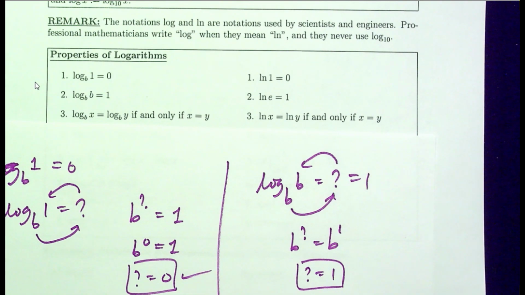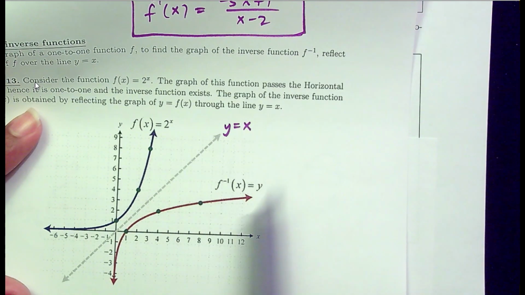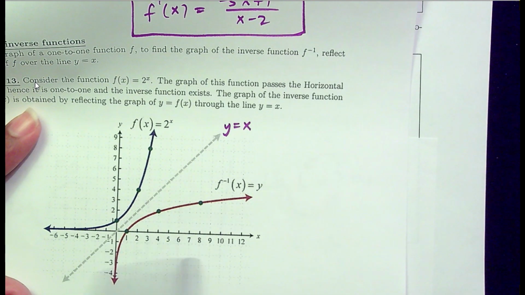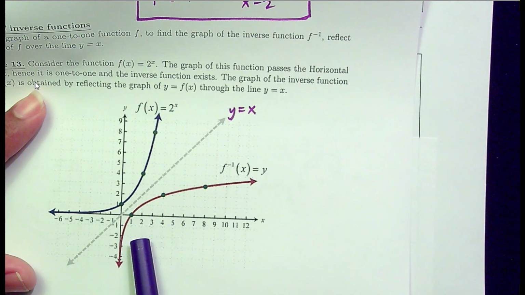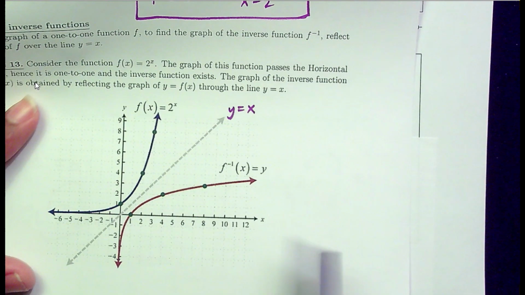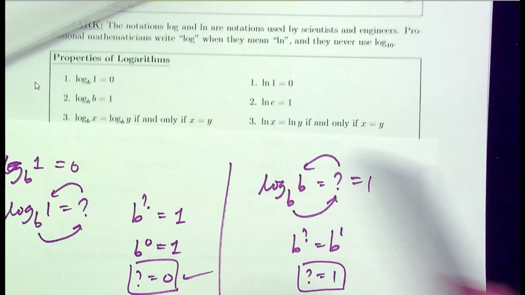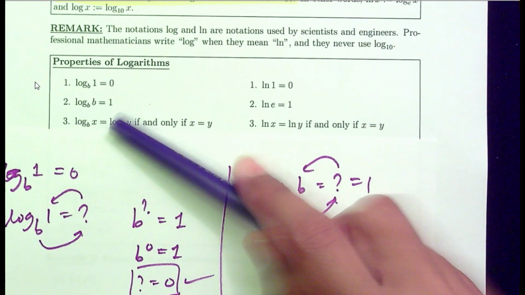You have it right here. So that one passes the horizontal line test. That one, the graph of the corresponding logarithm, also passes the horizontal line test, so you can see that the logarithm is also injective. So property 3 says basically that logarithms are injective.